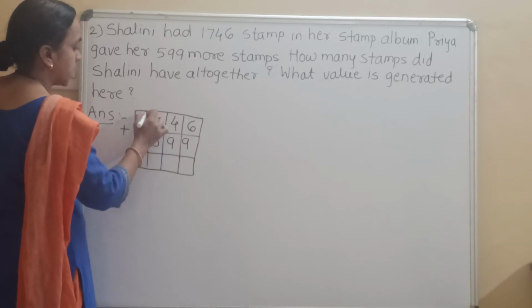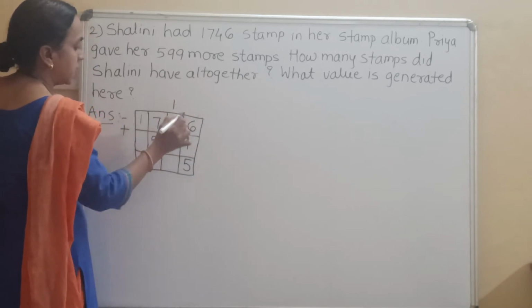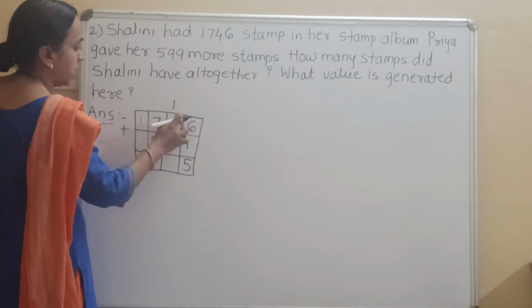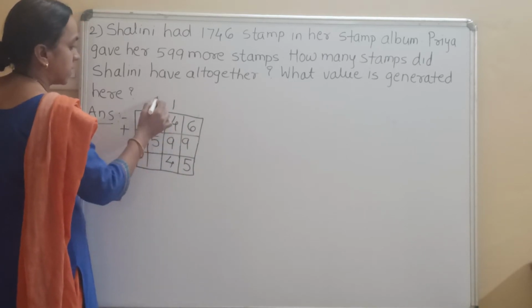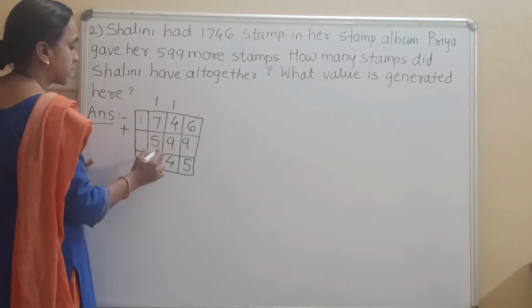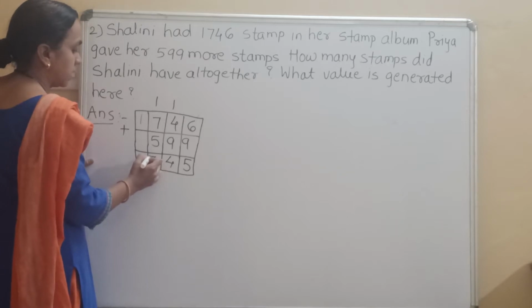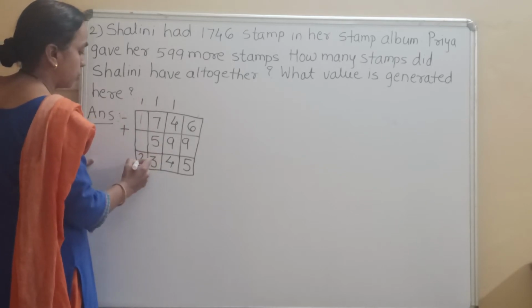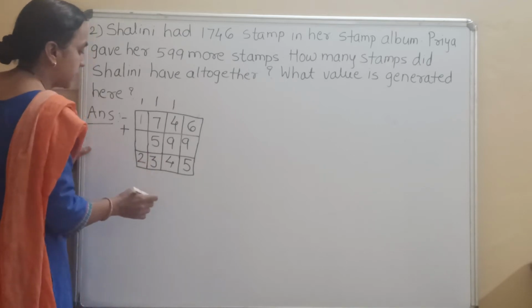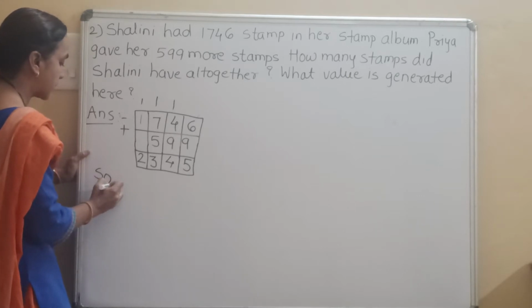Okay, now start adding. 9 plus 6, 15. Carry is 1. 9 plus 1, 10. 10 plus 4, 14. Carry 1. 7 plus 1, 8. 8 plus 5, 13. Write down 3 here. Carry 1. So 1 plus 1, 2. Our answer is 2345.